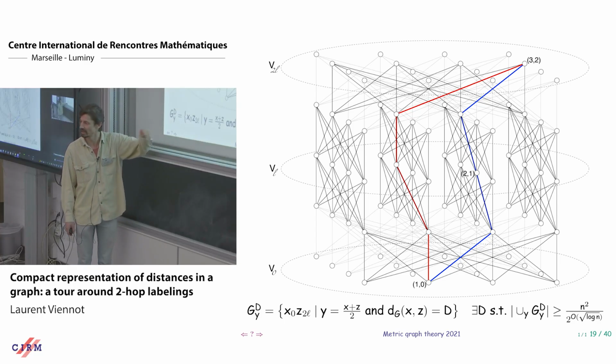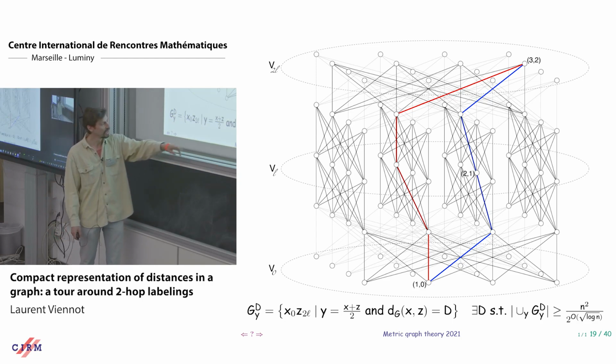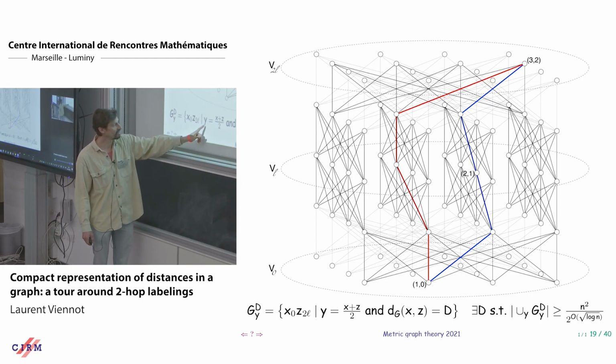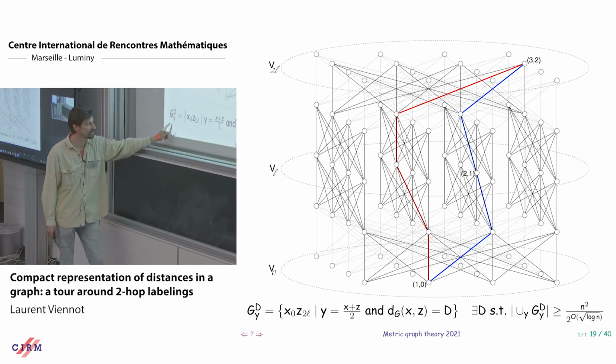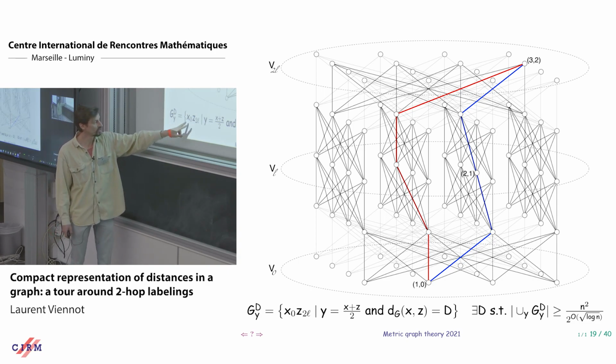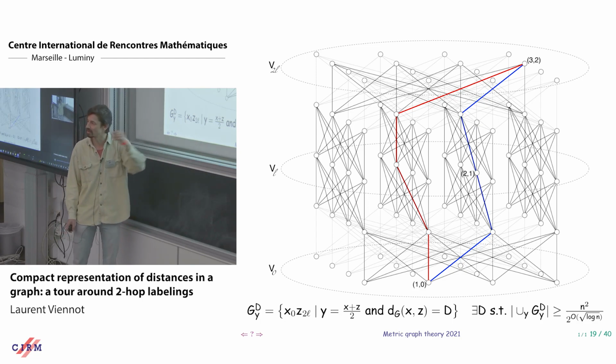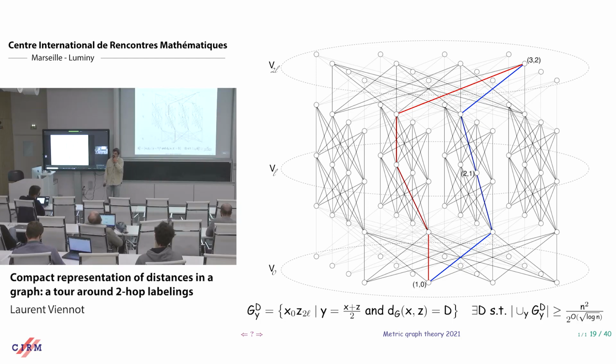So 0 and 2L here is for bottom and top. And you know this is a graph associated to Y. And you would put those pairs such that Y is the middle of X and Z. So all those pairs, you can see that they form a matching because of this unique shortest path property.